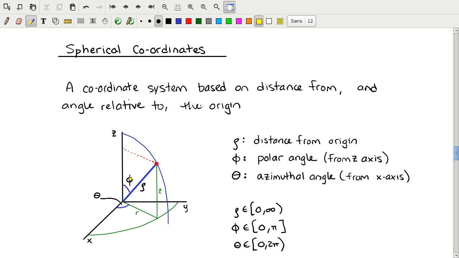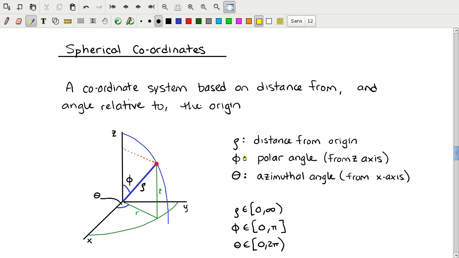The first angle, phi, is also new, and it is called the polar angle. It is the angle away from the z-axis. The reason it's called the polar angle is that if we imagine the Earth living on this coordinate system with its center at the origin, then the z-axis would be the North Pole, and the polar angle would be the angle relative to the North Pole. This is not latitude.